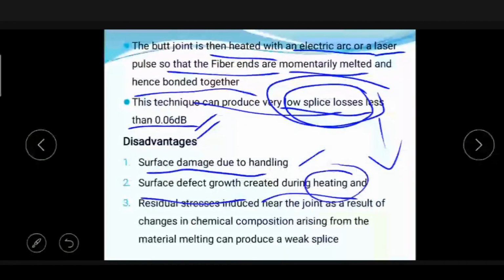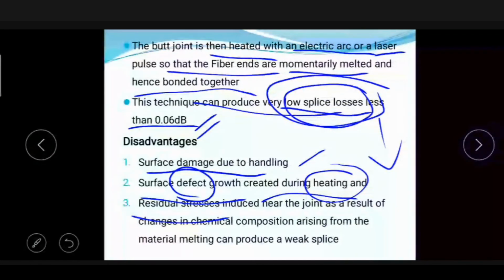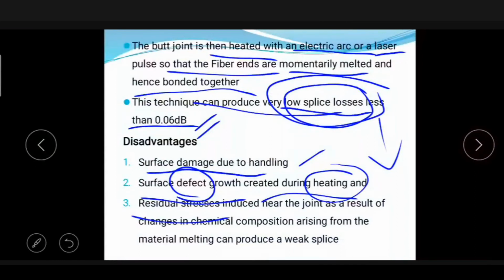Then surface defect growth created during heating. The same thing that I told you. Whenever it is heated, the surface may have some micro defect. Then residual stresses. Residual stresses, because if I heat a glass or a plastic, there might be some carbon which may be deposited. You might have seen that whenever you try to burn any plastic or glass piece using a candle or a flame, some black residues are deposited on the surface of the glass or plastic.